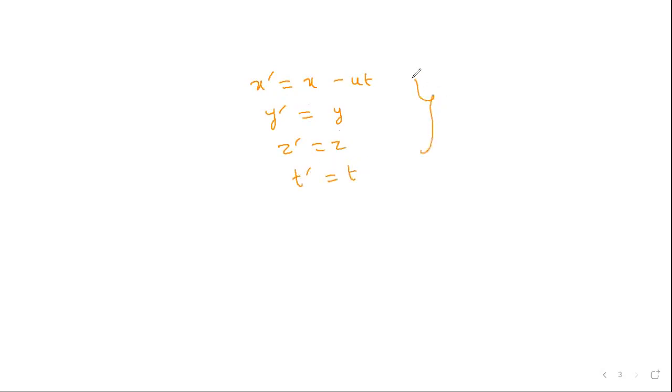So let me name this set of equations as 1, right?